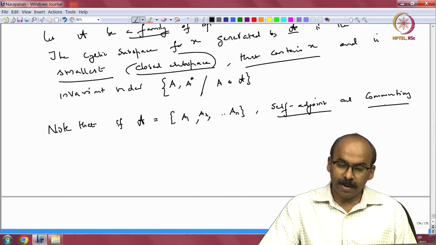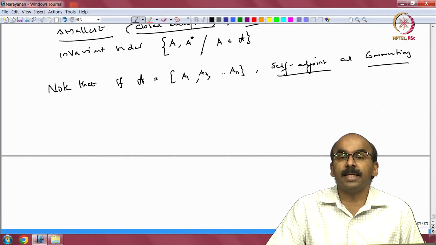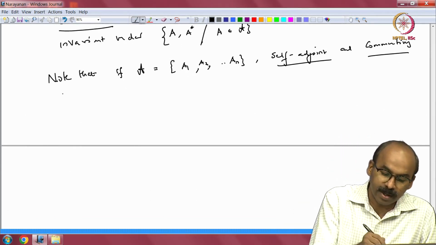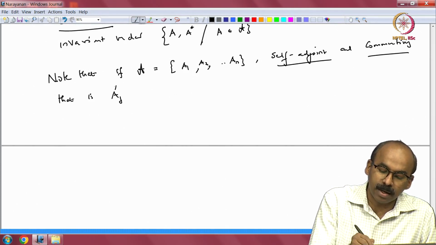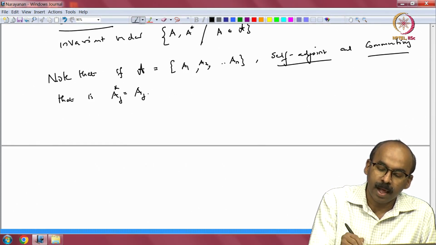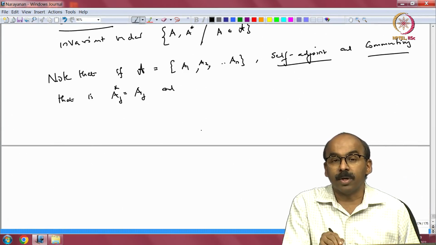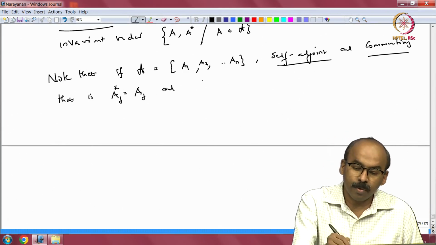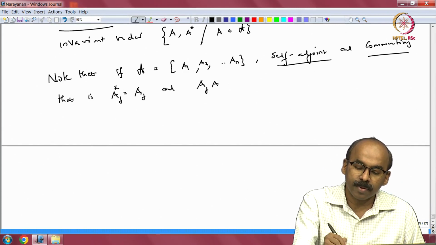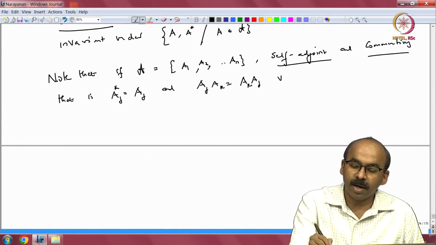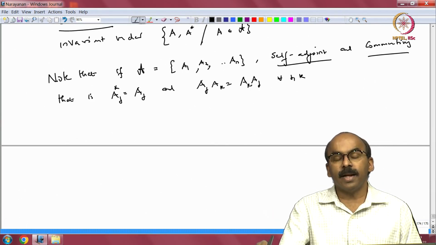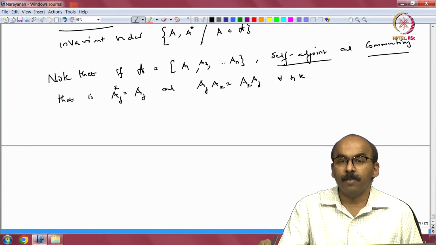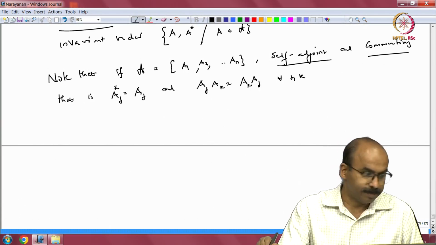What does that mean? That means each Aj is self-adjoint, that is Aj star is equal to Aj, and they commute. So, A1, A2, ..., An all commute. Aj Ak equals Ak Aj for every j and k. So, it is a finite family of commuting self-adjoint operators.